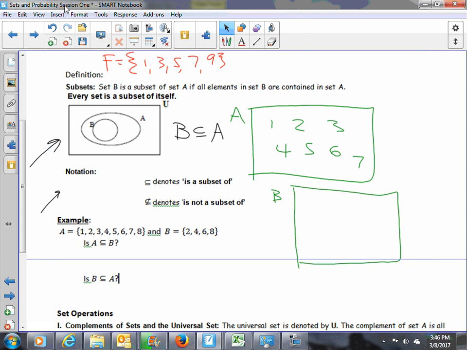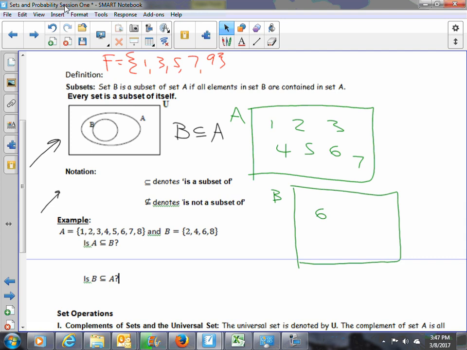Now, a concrete example. Let's say we have the set 1, 2, 3, 4, 5, 6, 7, and then we have a container for another set here, B. If there's nothing in B, of course, then everything that is in B is in A, because we don't have anything. But imagine we have an element from set A in set B, say 6, for example.